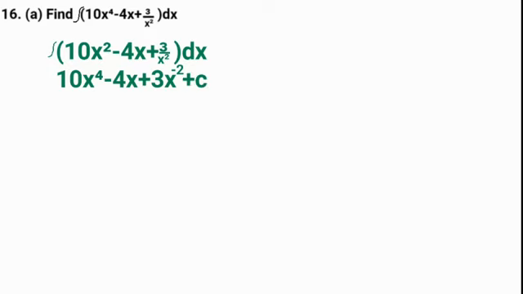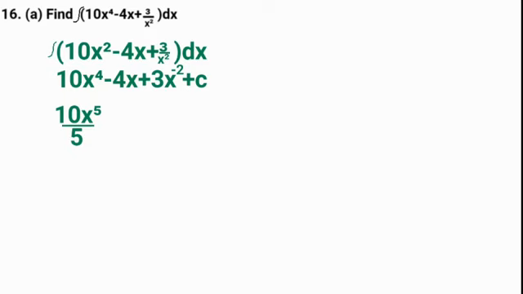Okay, once I've done that, the next thing I'm going to do is add 1 to the powers. So I'm going to write 10x raised to the power of, adding 1 to 4, which is the index, 5, and I'm going to divide that over 5.